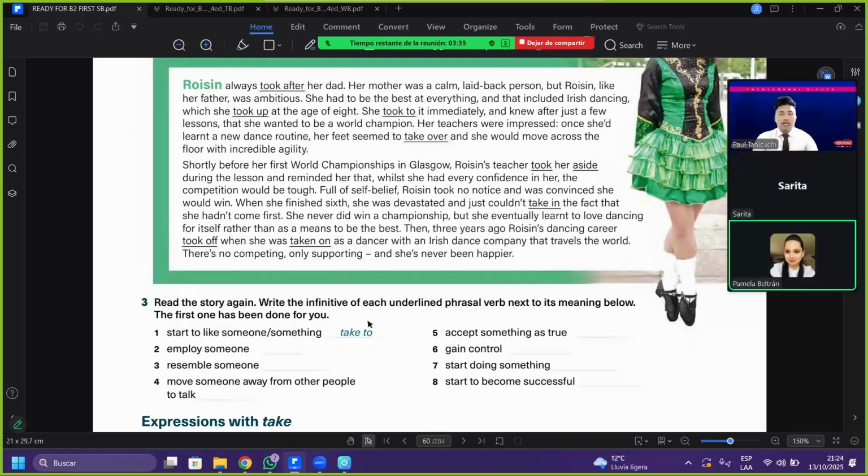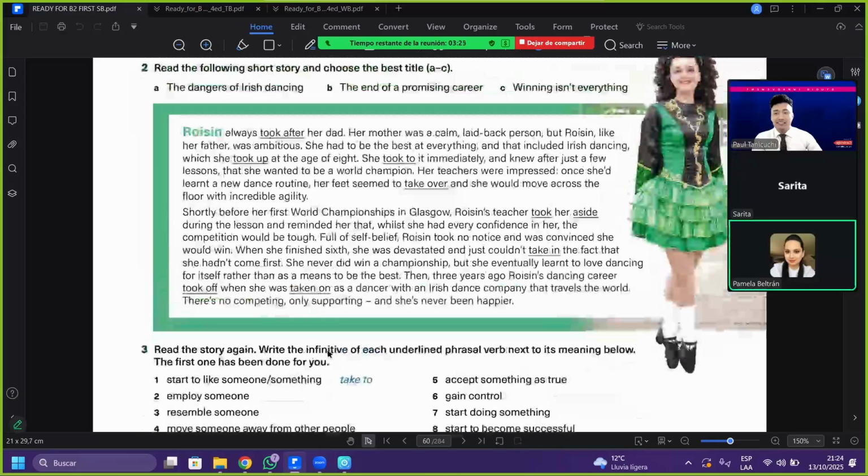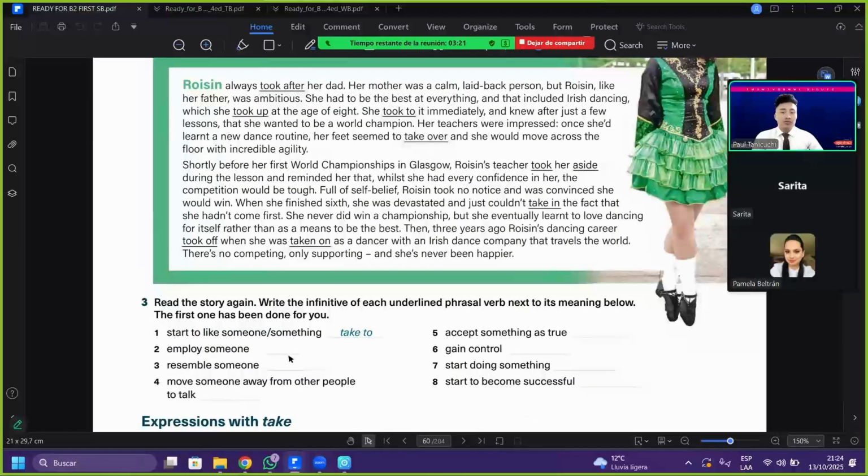Taking on, maybe? Yes, take on. Perfect. Take on is to employ someone. In this case, it's taken on as a participle form. Remember that the conjugation of this verb is take, took, taken.